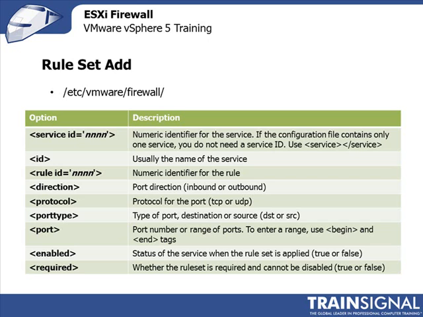For example, if you had more than one service here, you can add a numerical value to it so that you can identify the different services and so that the rule set understands that there are multiple services. Otherwise, you can just use the following tags if this is the only service that you had. So this is what defines the different values that you have here in different options.